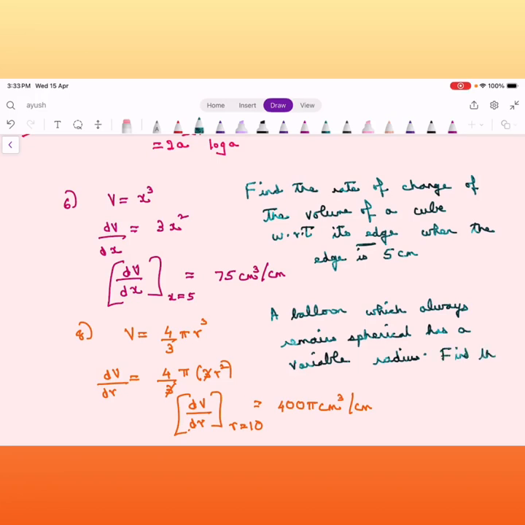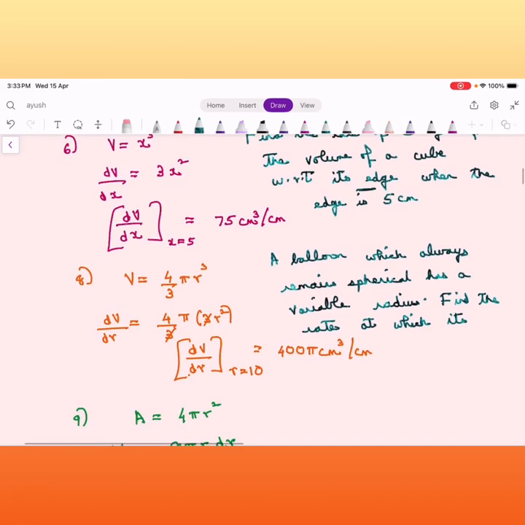Find the rate at which its volume is increasing with respect to its radius when the radius is 10 centimeters.